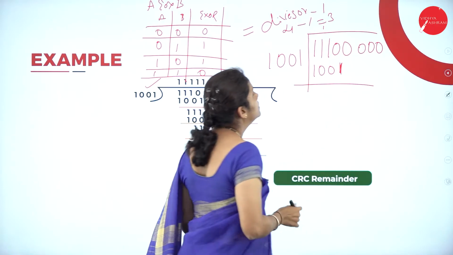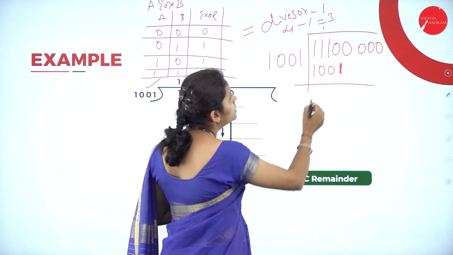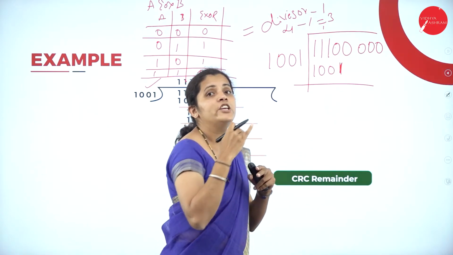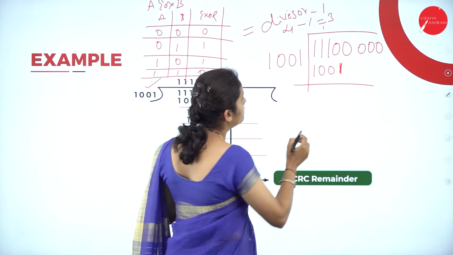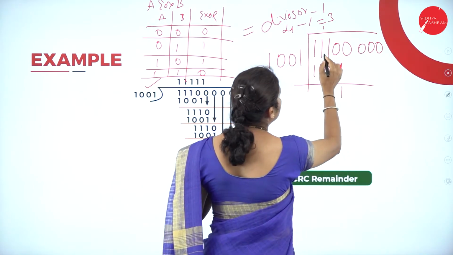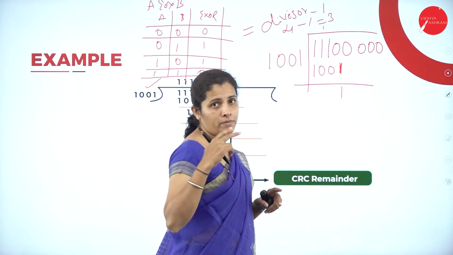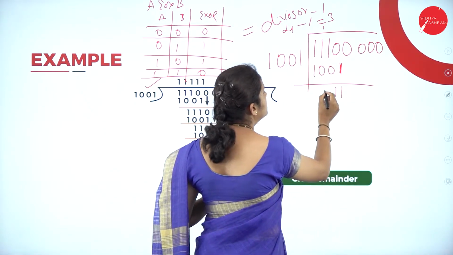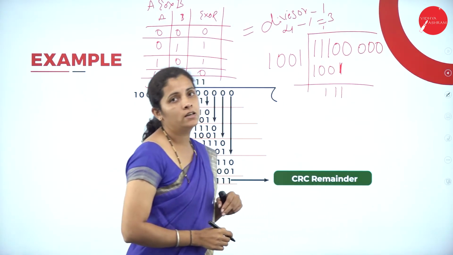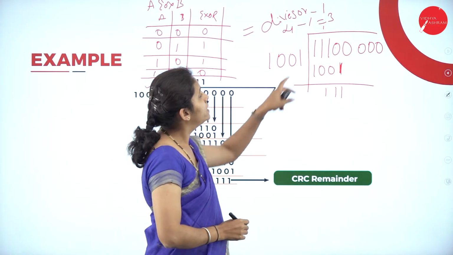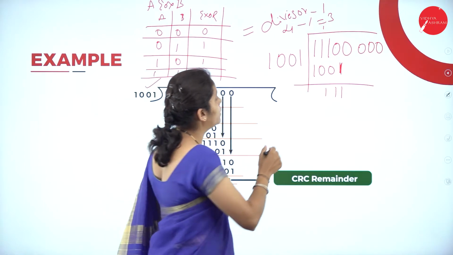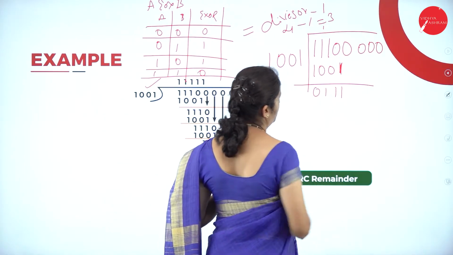See this one, 1 and 0: there is a variation in the bit, so I will write 1 here. The second one, same thing, there is a variation, so I write 1. The next one, there is a variation, I write 1. In the last bit there is no variation, so I write 0.